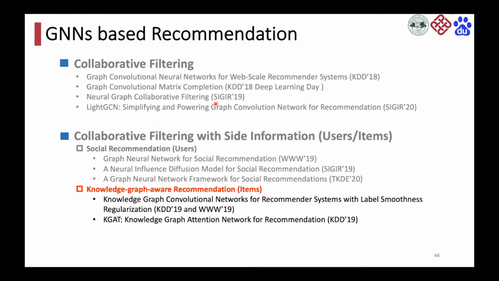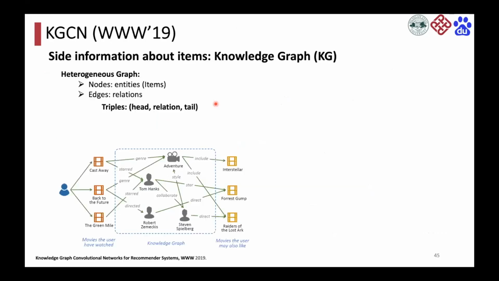Except for social relations, another important source we can use to benefit recommendation tasks is the knowledge graph about items. So in the next part, we will introduce knowledge graph-based recommendation.